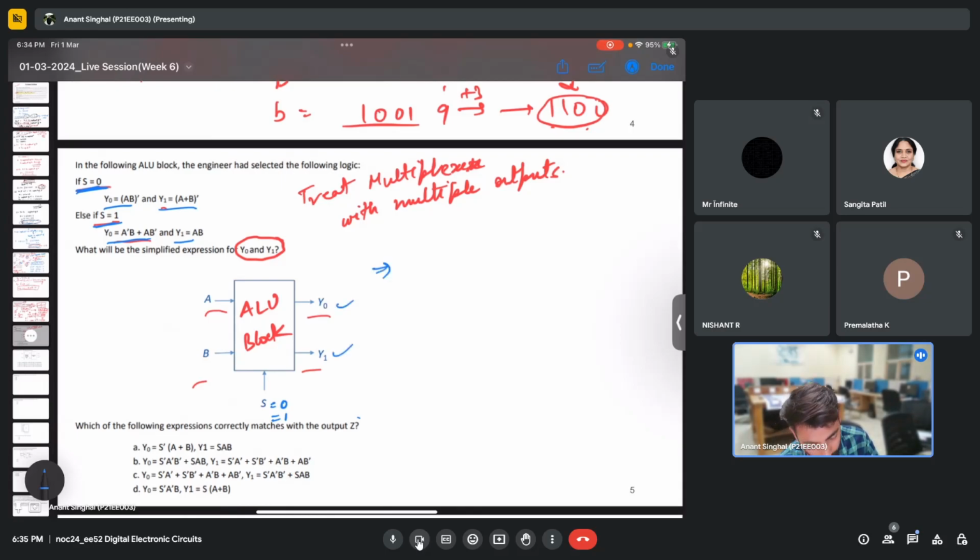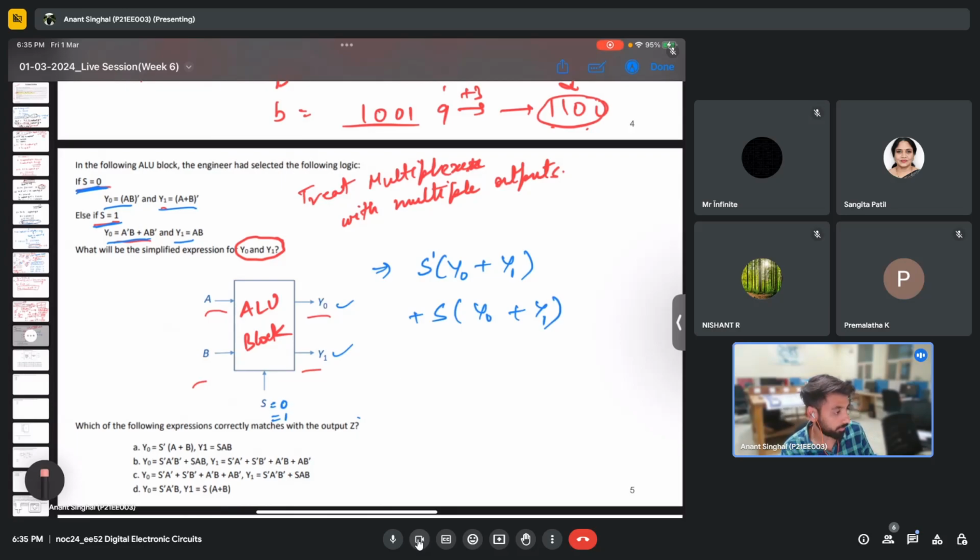So what I can write is, when S is 0, that is S complement, the final output of the ALU will be S bar y0 plus y1, and when S is 1, then it will be S y0 plus y1. So this is the basic output of this particular circuit.